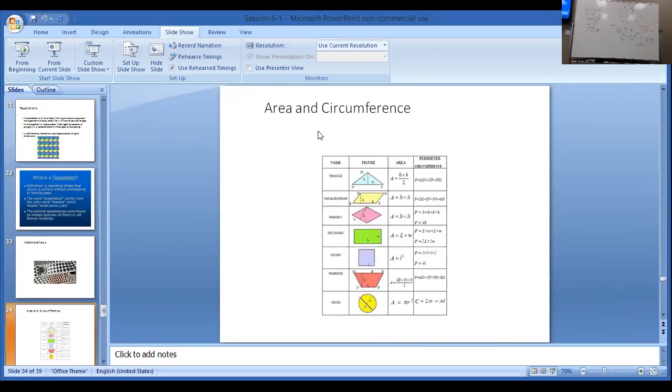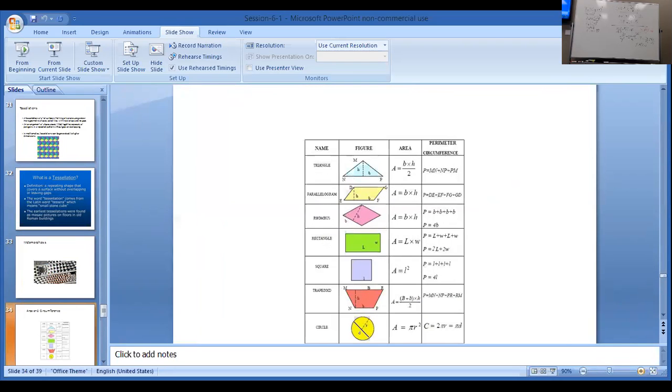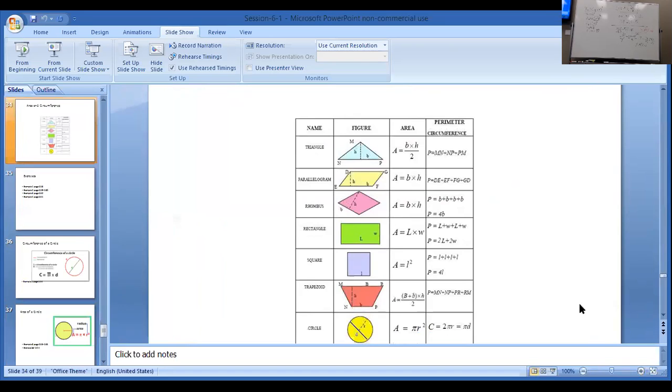All right, areas and circumferences. Let me make this bigger for me. I will give you these formulas, but it helps to know some of them. For triangles, the area is base times half of the height, or base times height divided by 2. For a rectangle, the area is width times length.